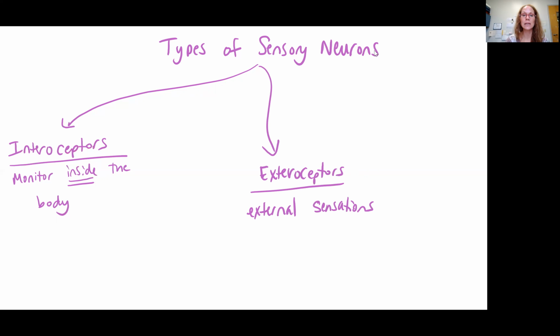Exteroceptors are going to be detecting external sensations, so this might be touch or temperature. This might be part of your special senses, as in taste and smell and vision and hearing.